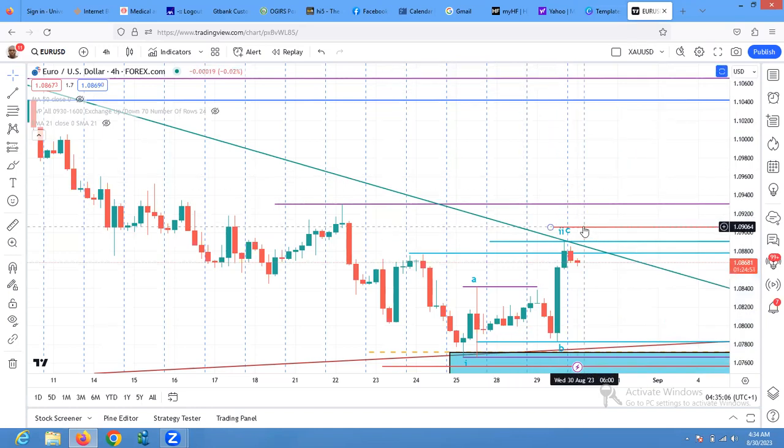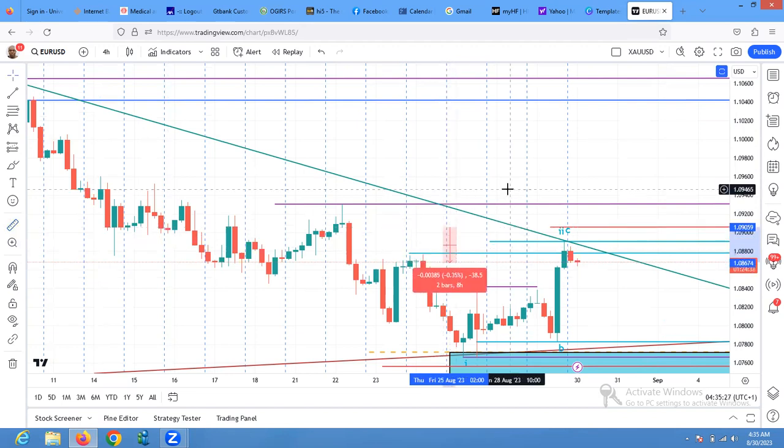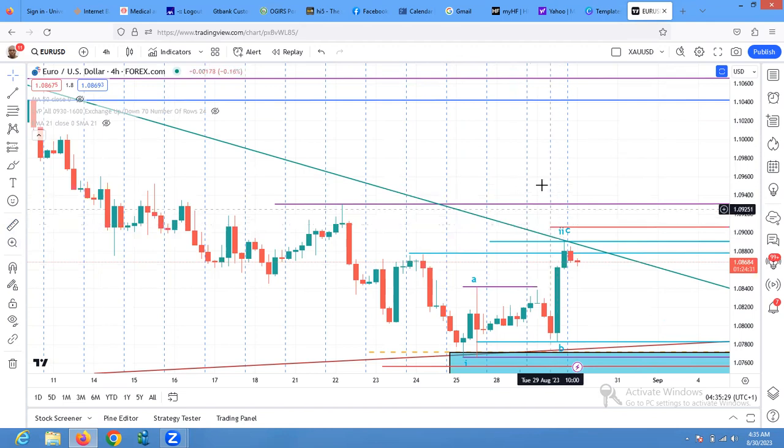So if you even want to sell, 1.0980, or 1.10 is where your stop loss should be if you sell from here, and that will be probably risking about 40 pips or thereabouts, because we might not have a decent pullback to the upside. So that is what we have here now.